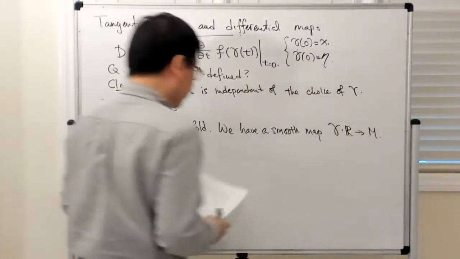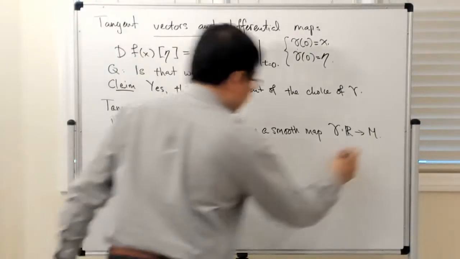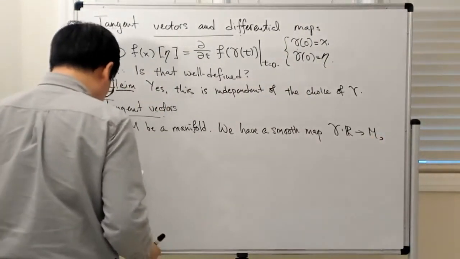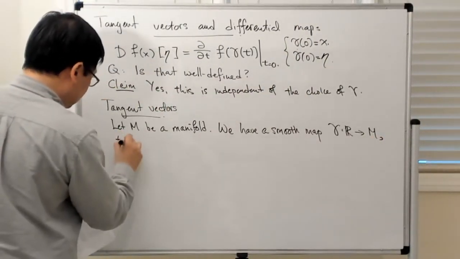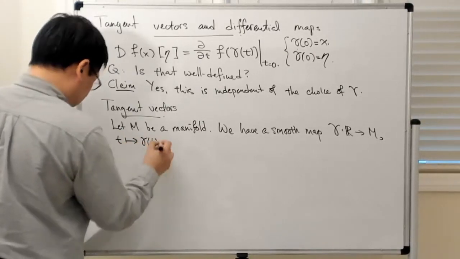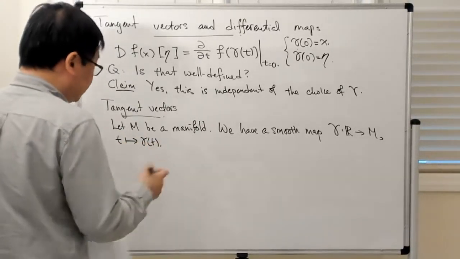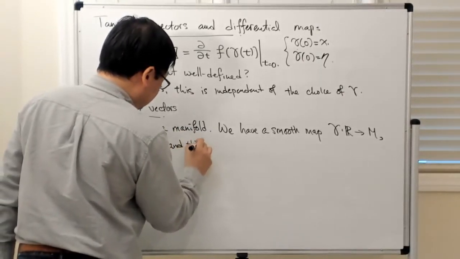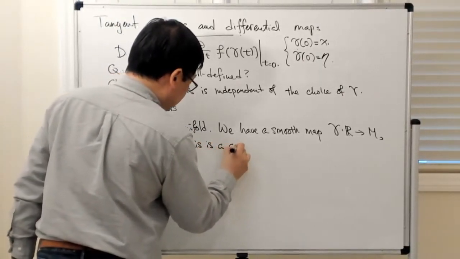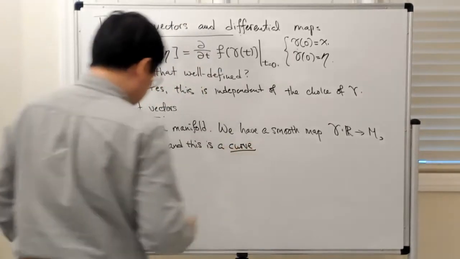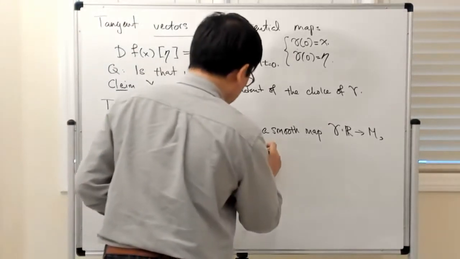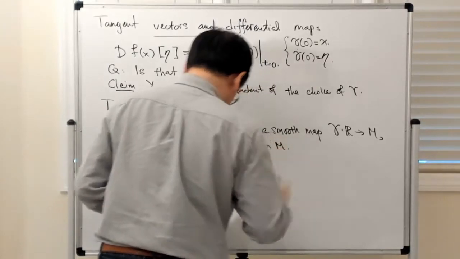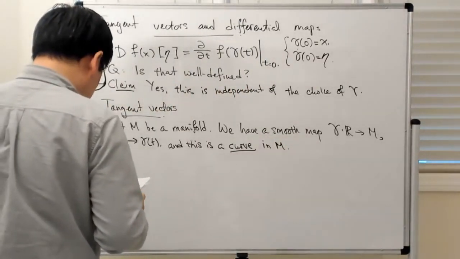This is just some sort of curve, a map from t to gamma of t, a curve in M.